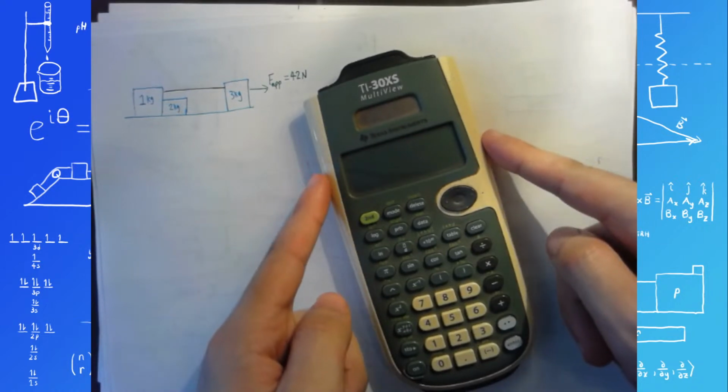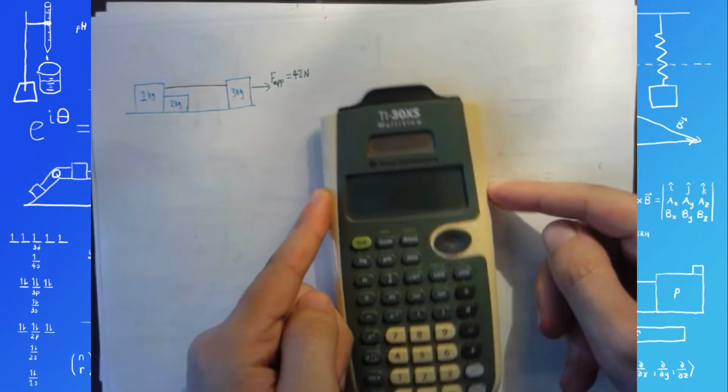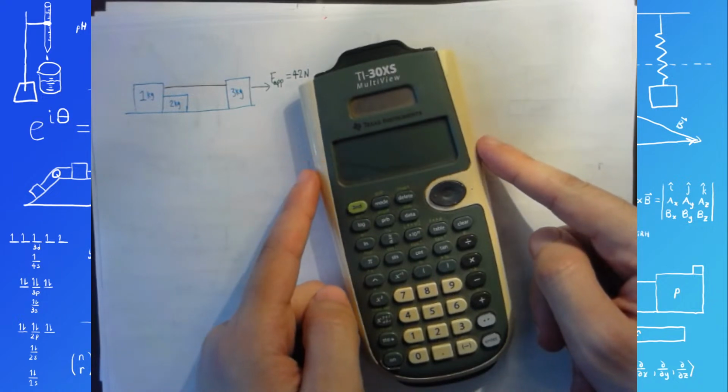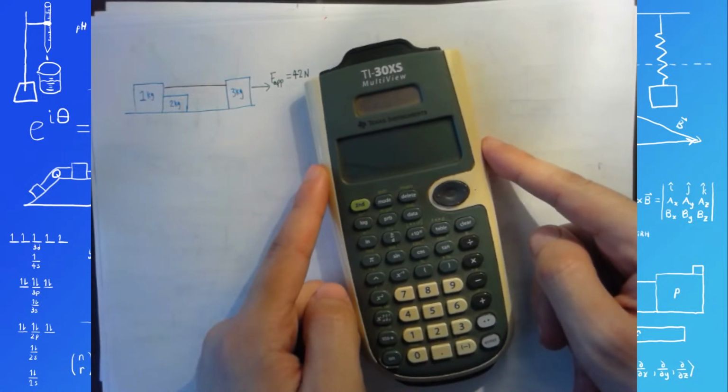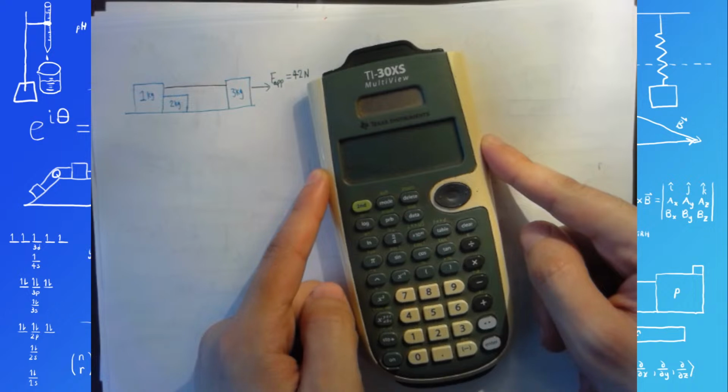You're trying to make sure that the acceleration of the object in your hand is the same as the acceleration of your hand itself.